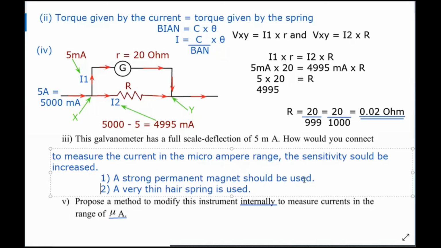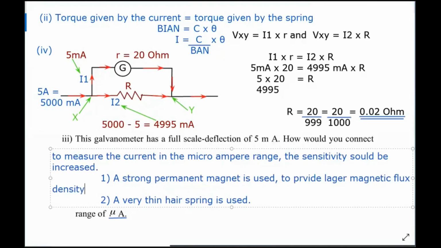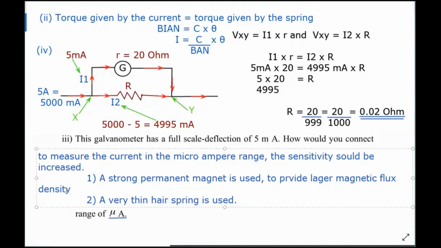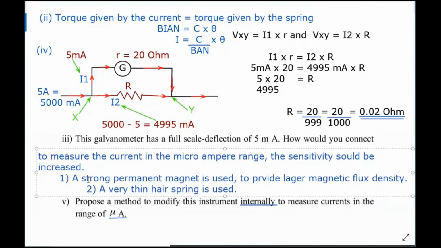A strong permanent magnet is used to provide larger magnetic flux density. But if you say only providing a higher magnetic flux density, it is an incomplete answer. So like that, you should give a perfect answer. You should give the methods.